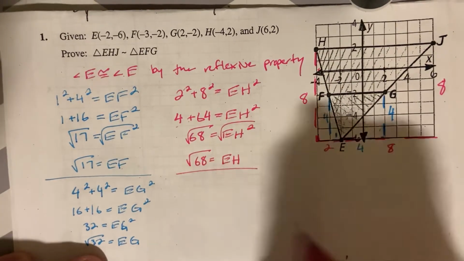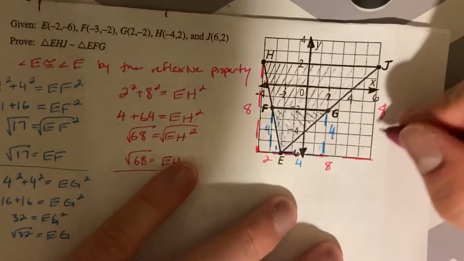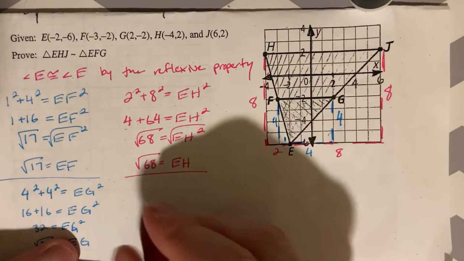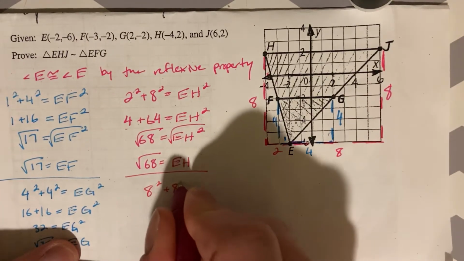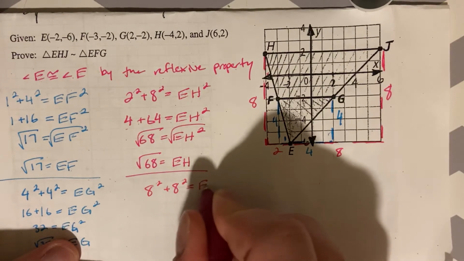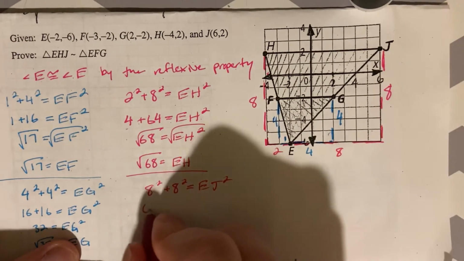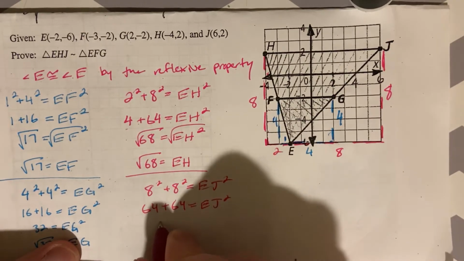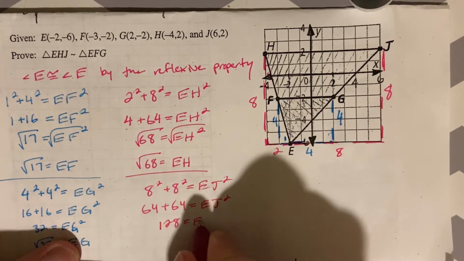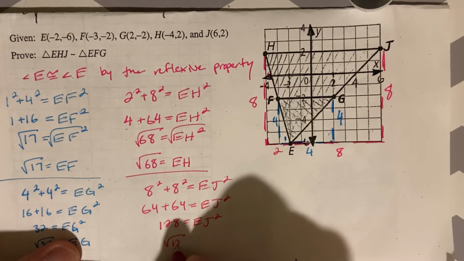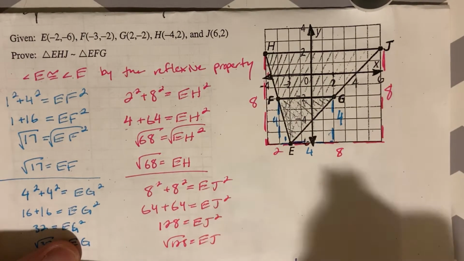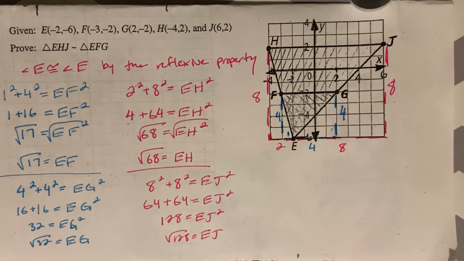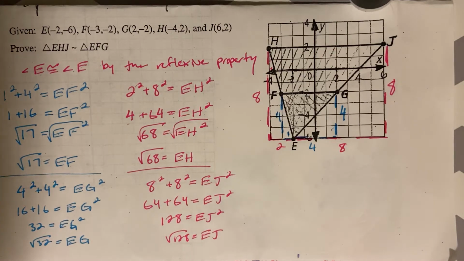So the square root of 32 is equal to EG. And then for this other one, it would be 8 squared plus 8 squared equals EJ squared. Alright, so now I have all my side lengths.